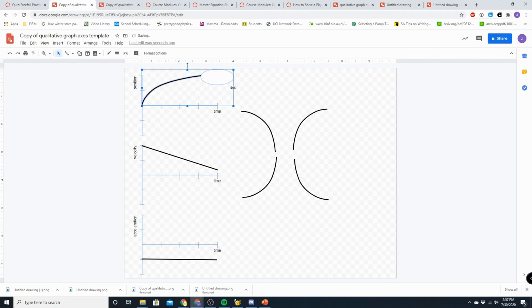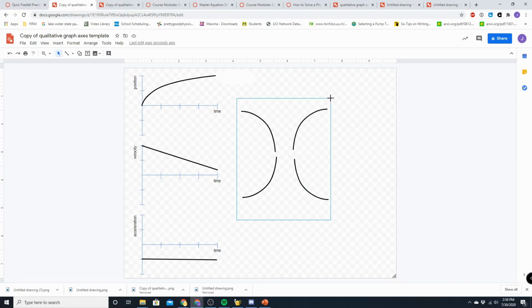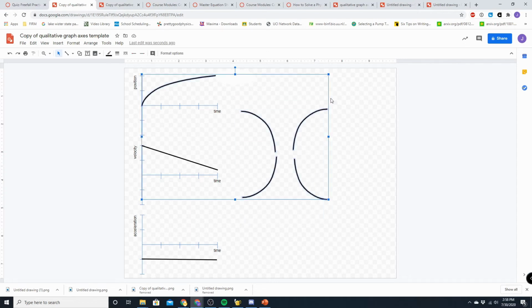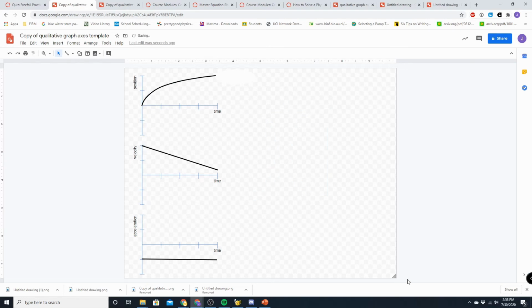So you have to hide the end of the graph where it's beginning to level off, so that this end of the slope is still a little positive, so that it matches the fact that the velocity is still a little positive. Okay, I am going to download this and add it to our quiz.